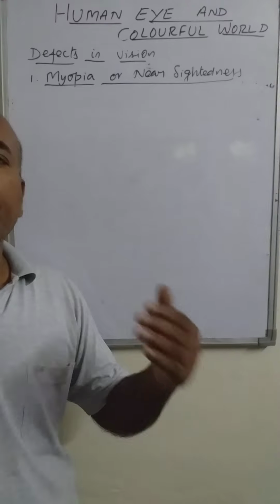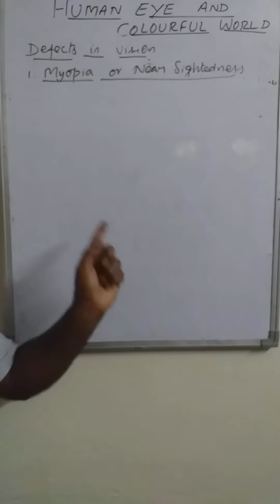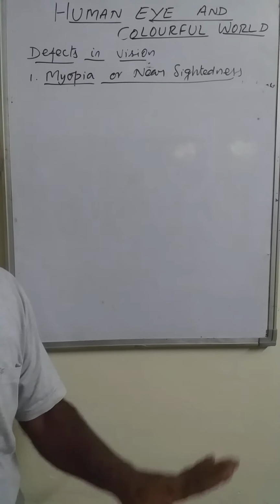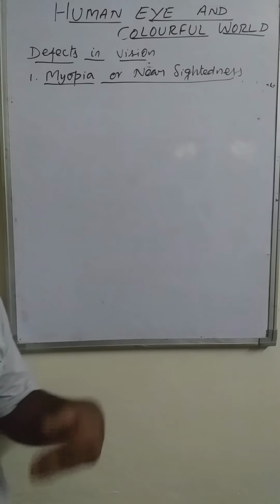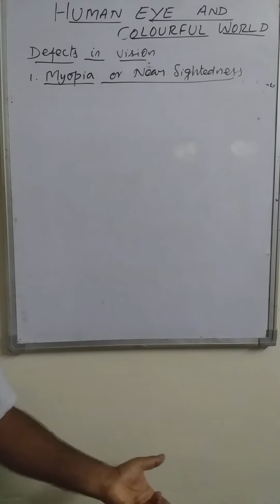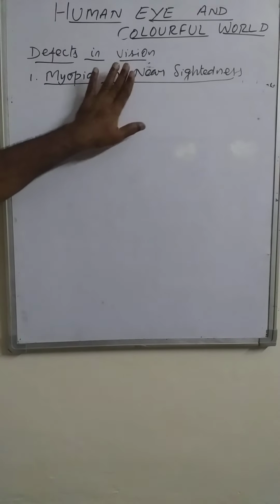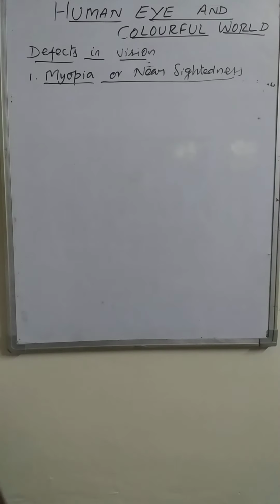These are some reasons due to which this defect occurs, in which the eye is able to see the nearer object clearly, far object not clearly, or we can say distinctly. That is myopia. It occurs only in younger age group people.